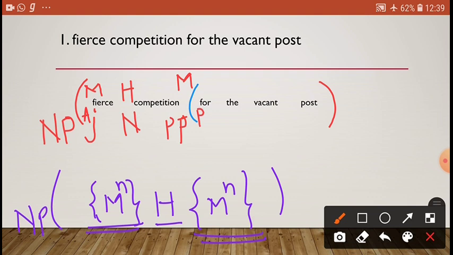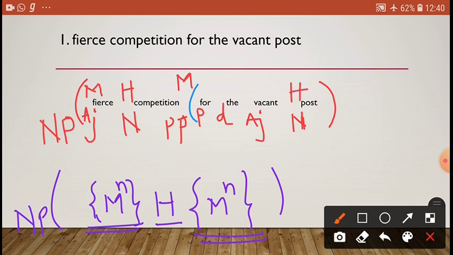What is the form of the? The is determiner, okay. What is the form of vacant? Vacant is adjective. What is the form of post? Post is noun, right. So, the head of this prepositional phrase is noun. Remember, the head of a prepositional phrase is always noun or pronoun.